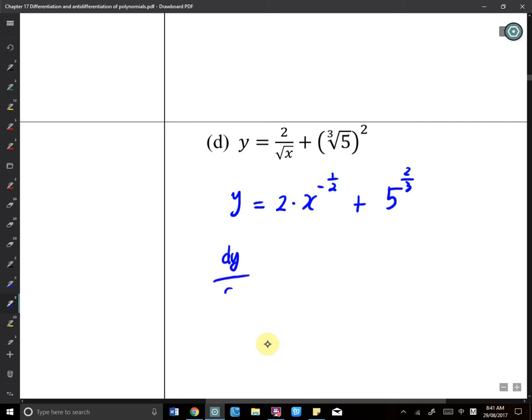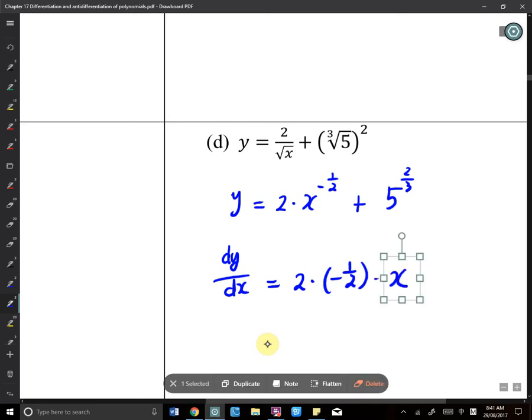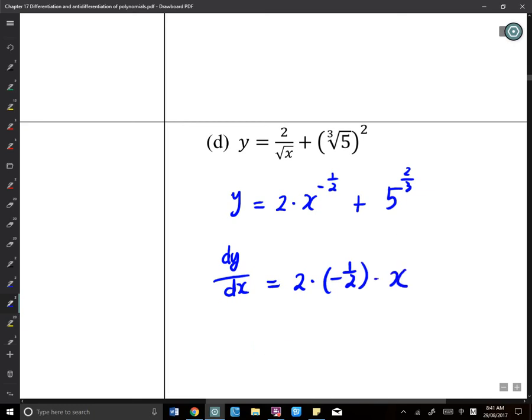And then we say dy/dx equals 2 times negative a half times x to the power of, well, negative a half minus 1 is negative 3 on 2. And then this constant just becomes 0. So what we have for dy/dx is minus x to the power of negative 3 over 2.